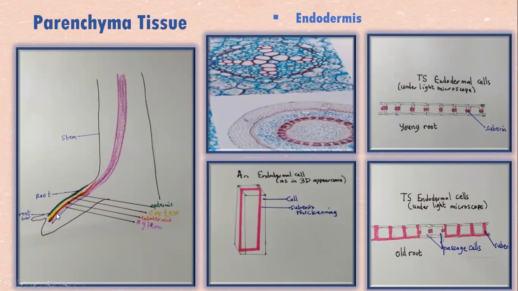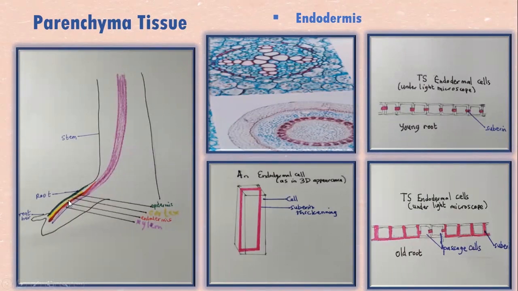The red one here is the endodermis. So when the water moves and gets into the endodermis, the water cannot move through the cell walls because of the Casparian strip, because of the suberin, all right? So when it gets into the endodermis, the water will have to move through the cytoplasm or the vacuoles through the plasmodesmata.